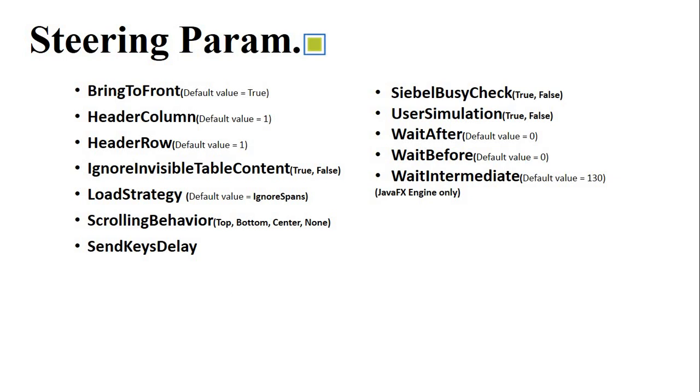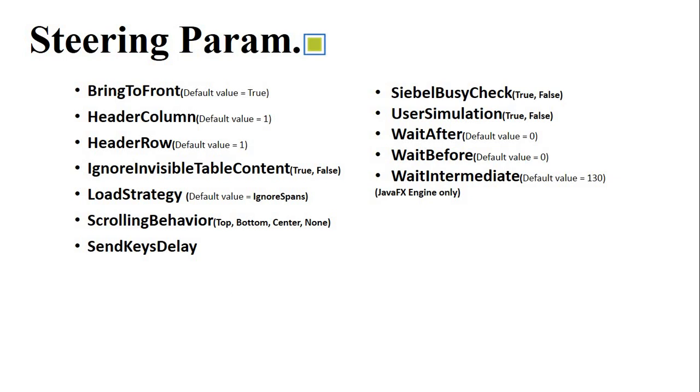You use it when you are executing the UI and you need to see what is happening on the screen. Select this option, bring to front, and its default value is true. When you create it and provide the value, whenever the execution happens, your UI will be brought to front itself.